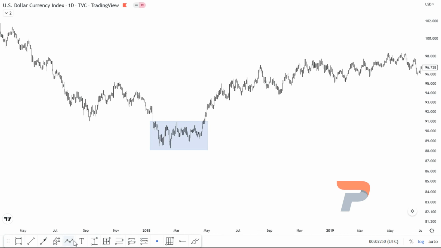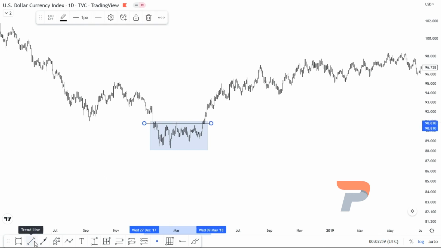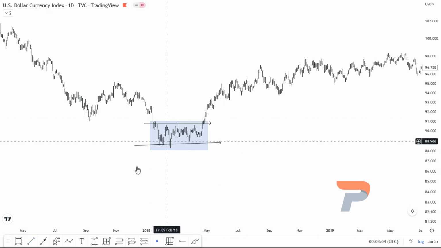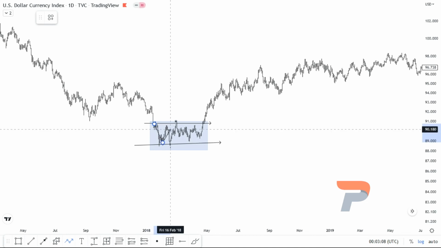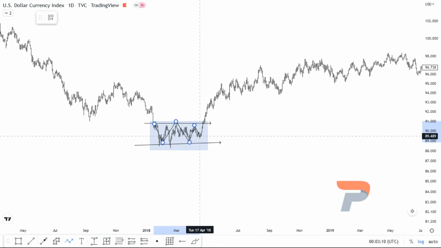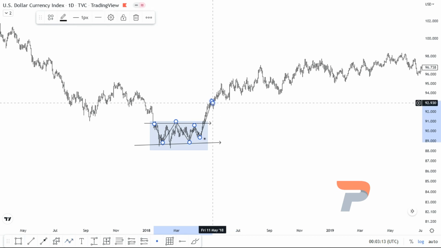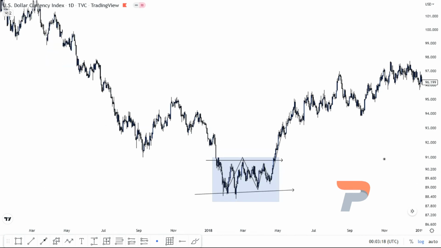So the highs here, the market was just forming highs, and then we had lows also here. Good. So the market was just moving in this particular range, something like this. It was just moving like this until the market decided to break the structure, the ranging system. So this is what we had here.